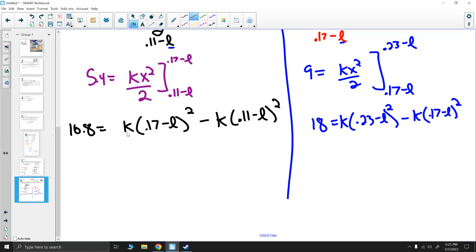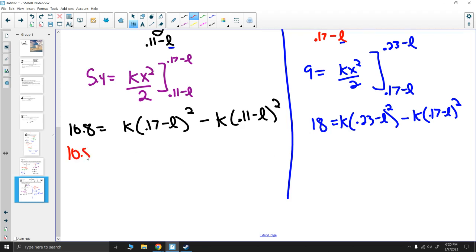And the reason why we'd want to solve for k anyway is that, one, L will be a pain to solve for because we'll probably have L to different powers. Something might cancel out, but there's at least going to be a squared on this one and this one. But the other thing is that we're trying to solve for L. So if we solve for k here in terms of L, we can then replace our k over here, so it's just in terms of L, and we can move on with our lives.